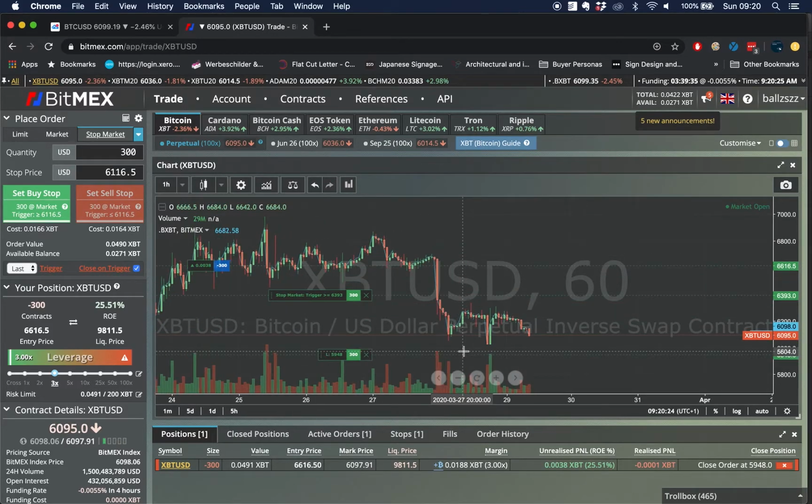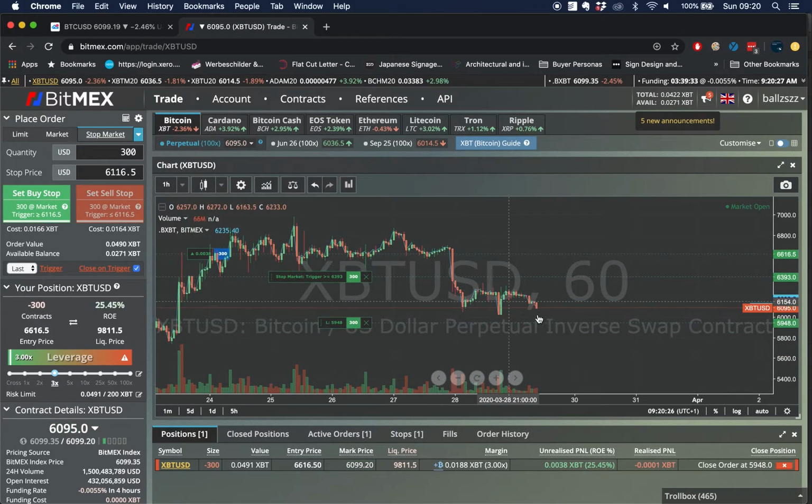So this is real time, what's currently happening in BitMEX. Here's something interesting that I did overnight because I was still very early on in this. I have concerns about being stopped out or not locking in any profits.